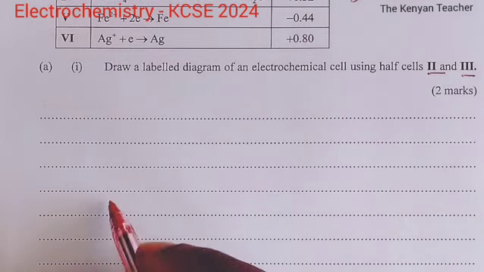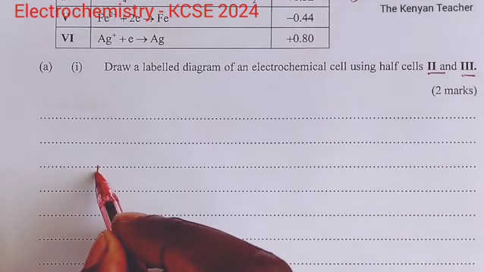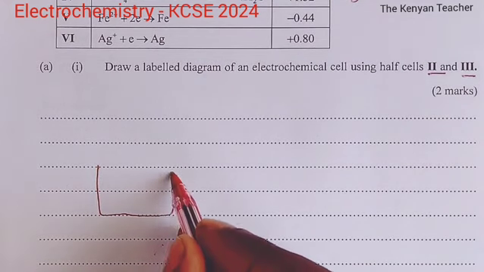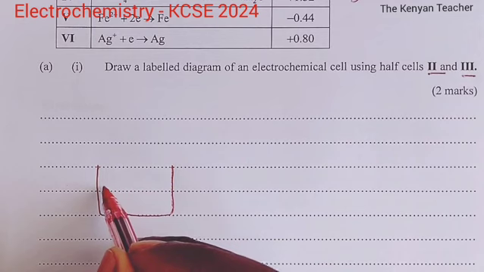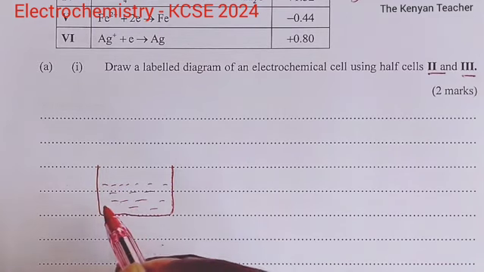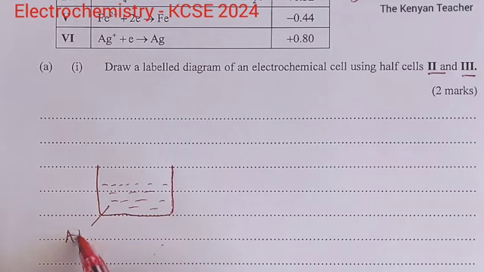So quickly, we shall draw the container on the left. This container should contain aluminium ions because we've agreed cadmium will be on the right.